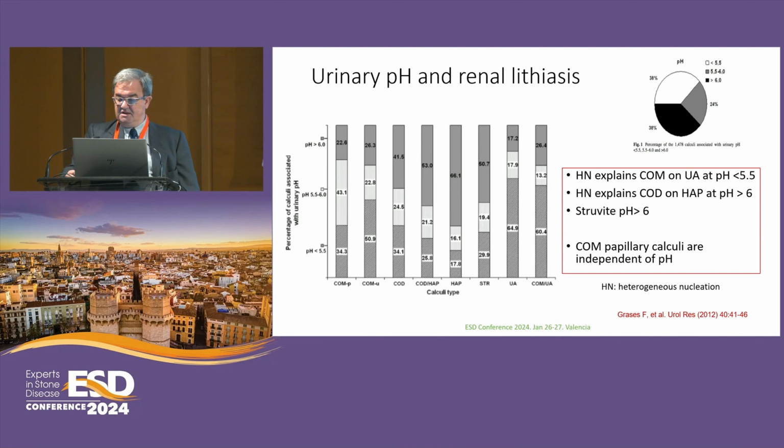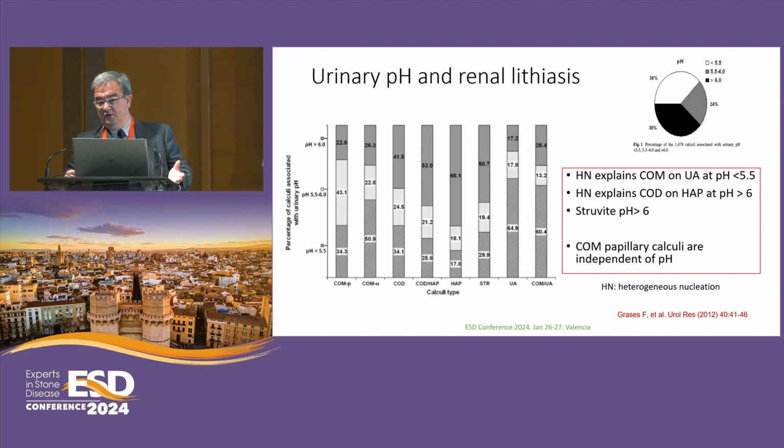Grases and co-workers found that calcium oxalate dihydrate, calcium phosphate, and struvite were related to alkaline pH. And on the other hand, calcium oxalate monohydrate and uric acid were more related to acid pH.